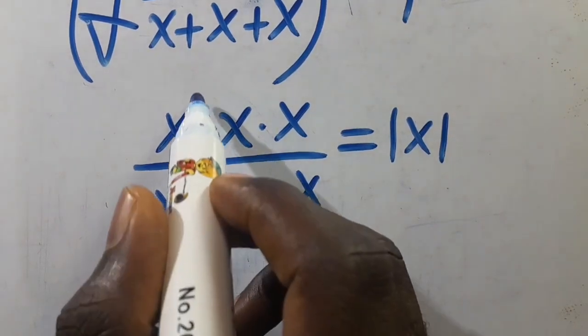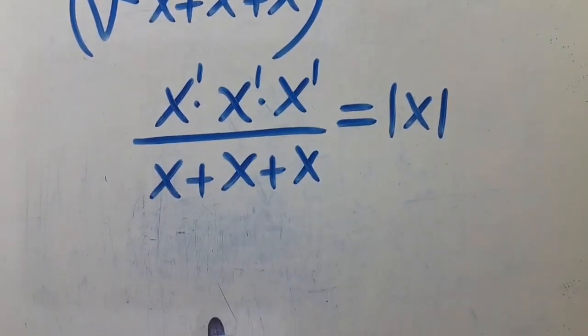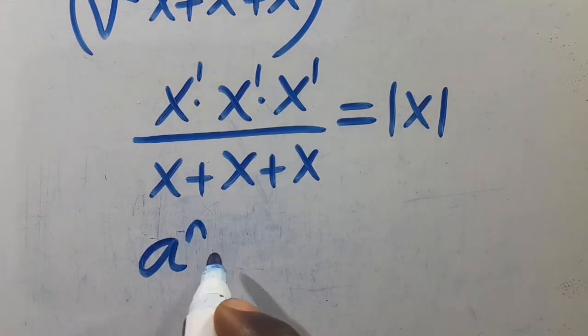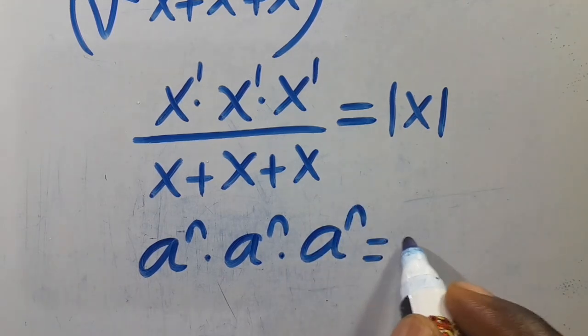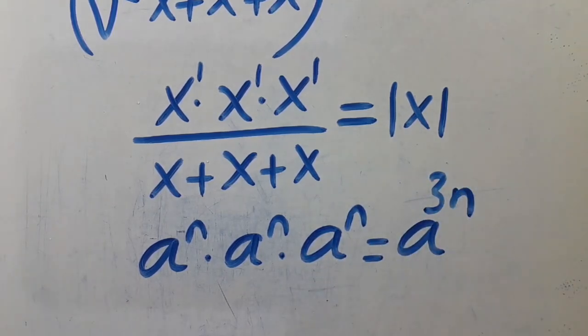Each x has power 1. Remember, when you have a to the power of n multiplied by a to the power of n multiplied by a to the power of n, this can be simplified as a to the power of 3n.